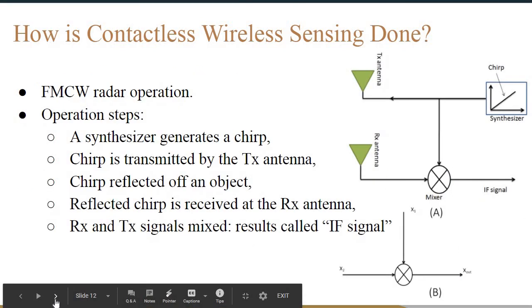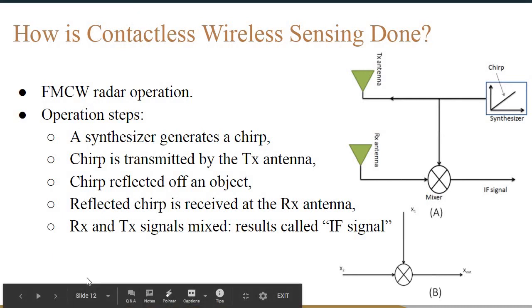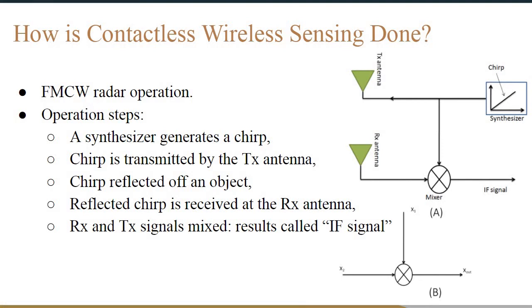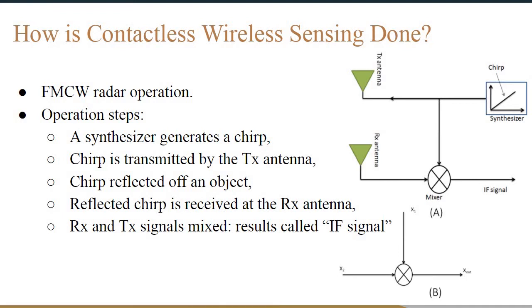Now, to look at FMCW radar operation, we consider the simple FMCW radar shown here, where we can see that we have a single TX antenna, which is the transmit antenna, and a single RX antenna, which is the receive antenna, as well as a mixer.